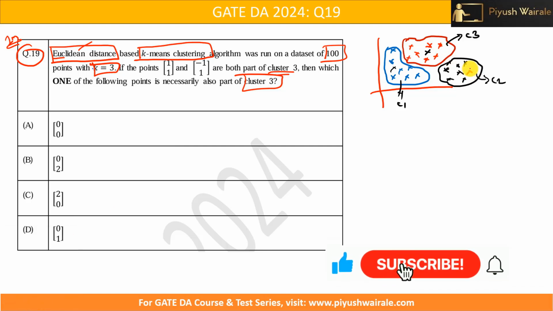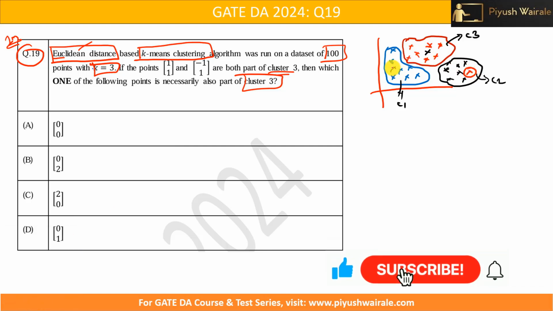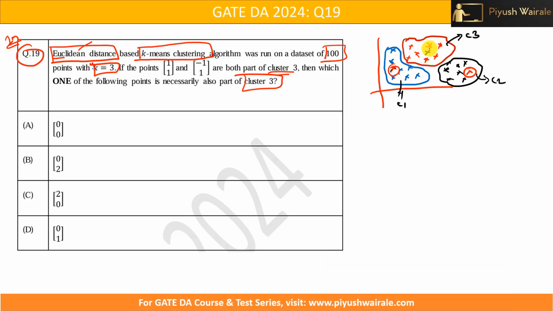If this is a centroid for this cluster, and this is a centroid for this one, and this for this one, how have we formed these clusters? Because the distance between the data point and its centroid is smaller than to the remaining centroids, right? That's why we say these points are part of cluster 3.